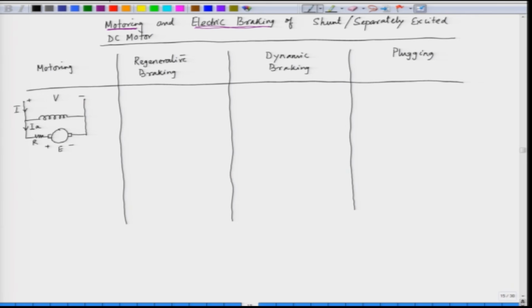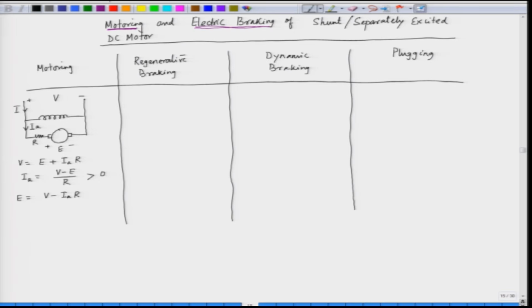So, we write down the equation in the armature circuit. V is equal to E, the back EMF, plus I A into R, and from this we get I A is equal to V minus E by R, which is positive.